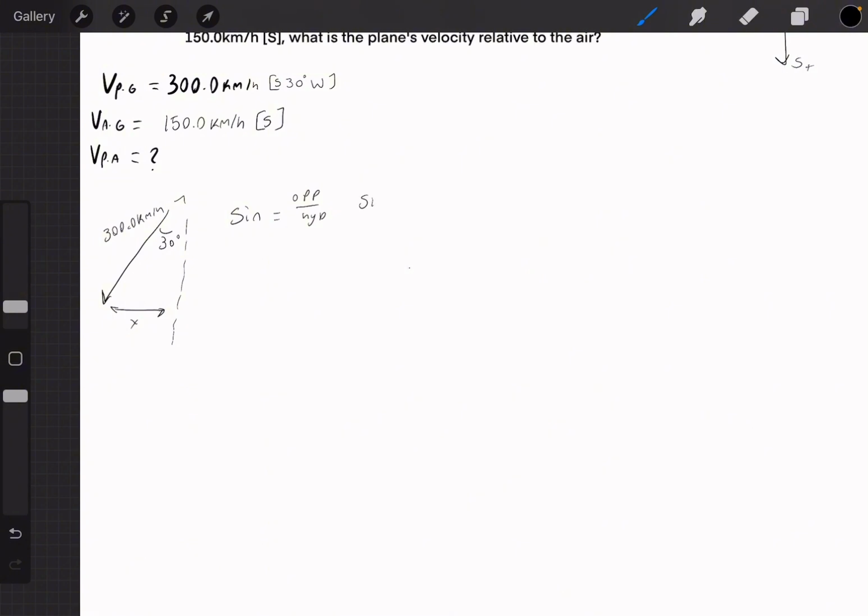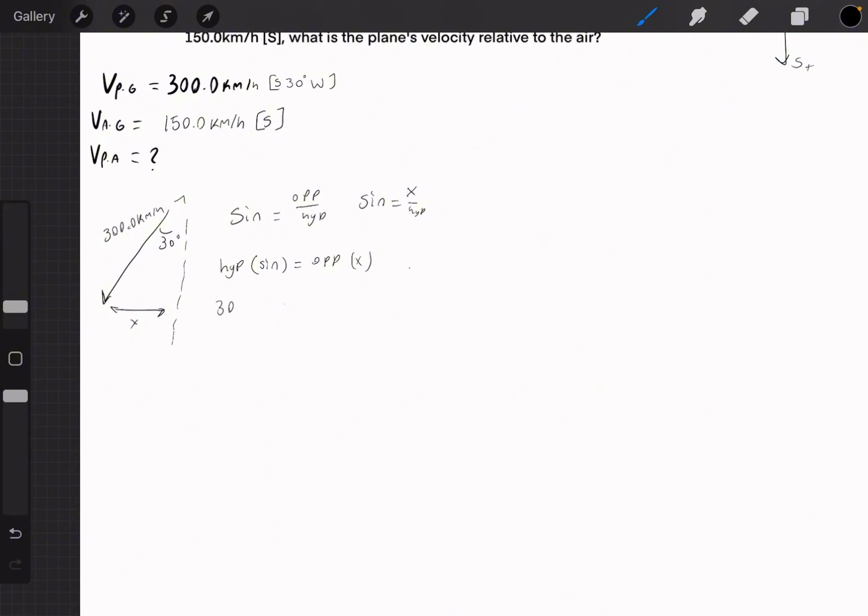So in other words, sine equals x over our hypotenuse. All right, perfect. So let's do some rearranging here. We're going to have hypotenuse times sine equals opposite, or x.